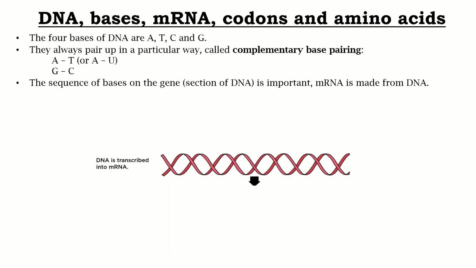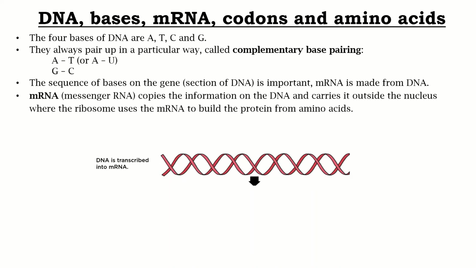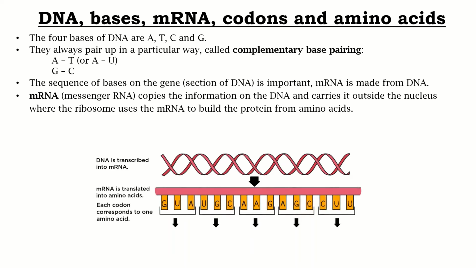So there's our DNA, double helix. The mRNA copies information from the DNA and carries it outside the nucleus, where the ribosome uses the mRNA to build protein from amino acids. So DNA is then turned into a section of mRNA.